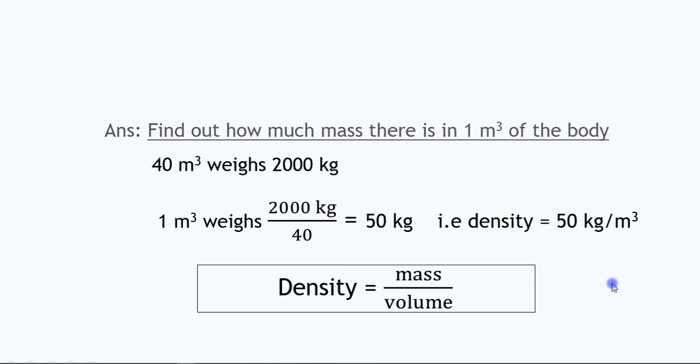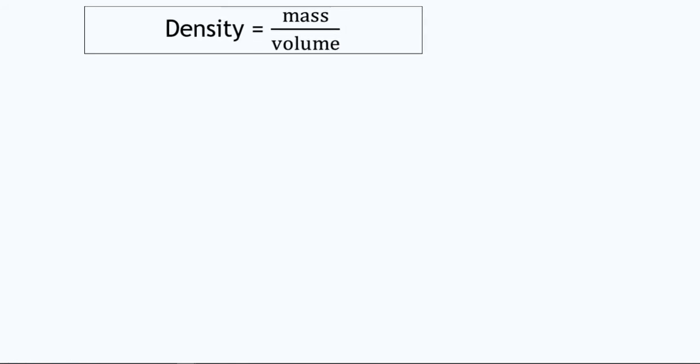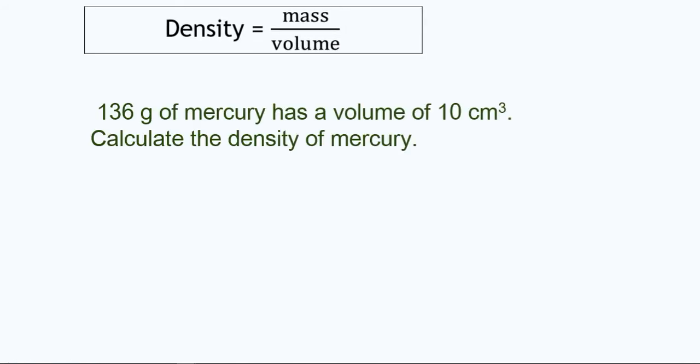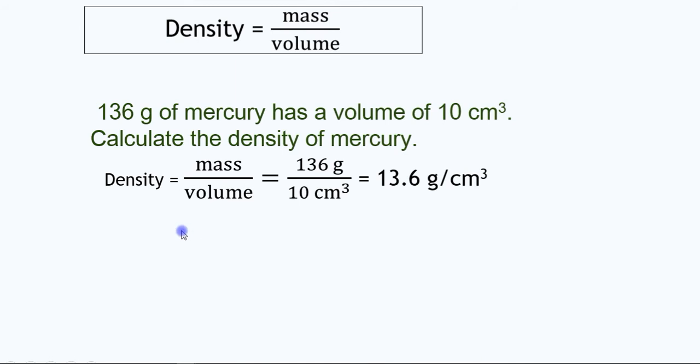Let us look at another example. 136 grams of mercury has a volume of 10 centimeter cube. Calculate the density of mercury. So using the formula, density is mass divided by volume.